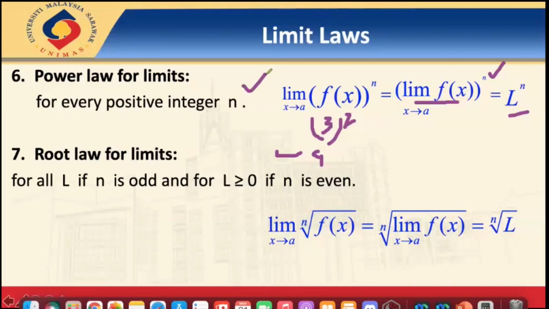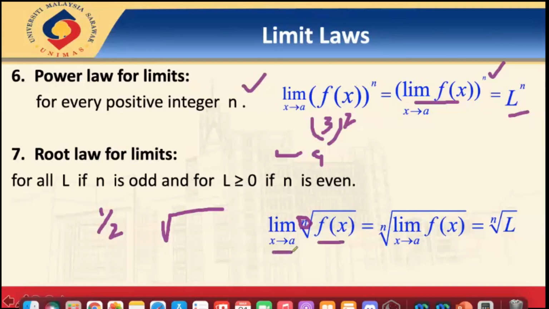And the root law, root is any root. This is why it is n. Mostly we use the square root, when nothing is written it is called the square root, and the value is 1/2. And if it is not a square root, then the n is written here, and it is called the nth root. So the nth root of f(x), we will get some value, and then apply the limit on that.